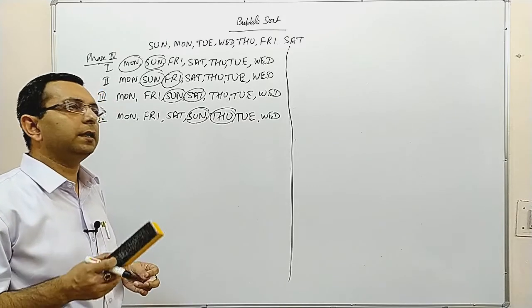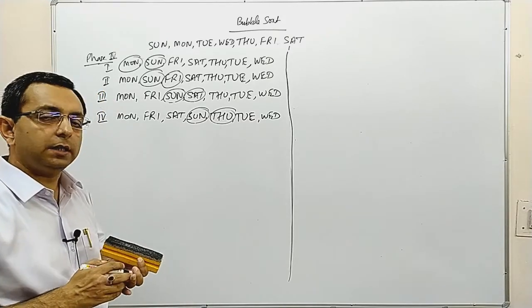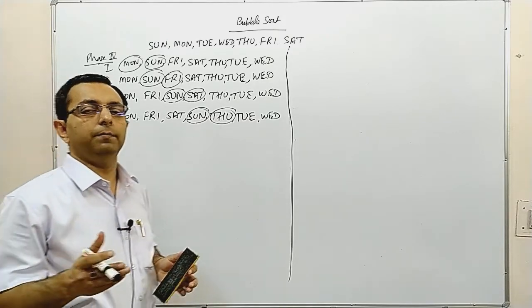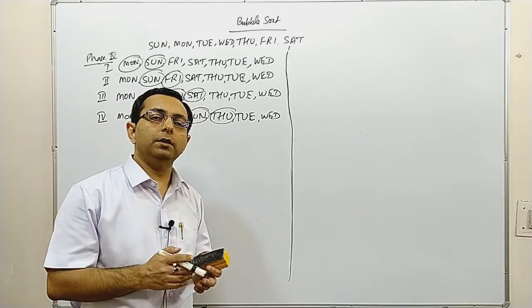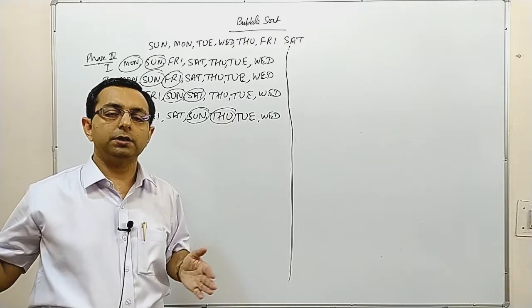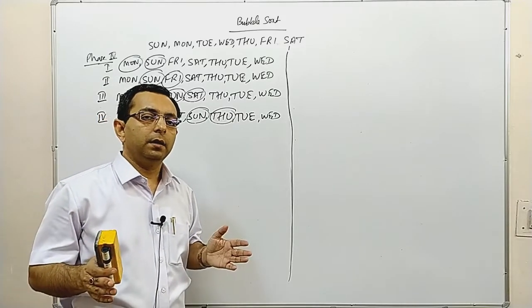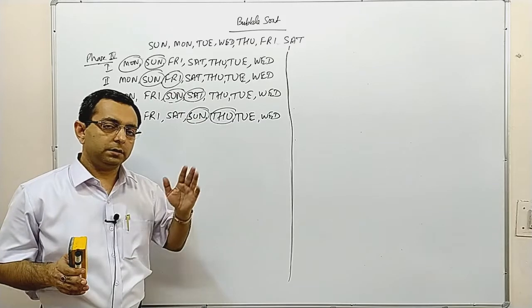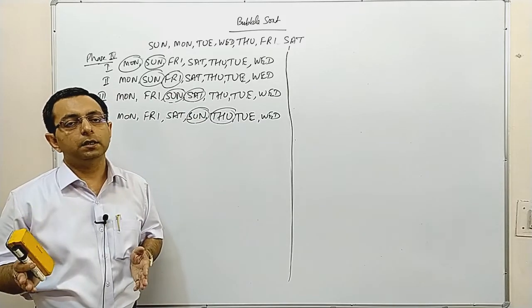In another example, you can see January, February, meaning month names. So it may be asked in your exam that January, February, March, April, May, June and so on up to December can be compared. You should not think that January is smaller and February is bigger.